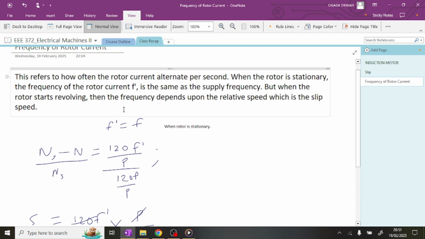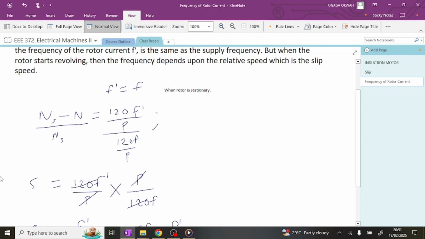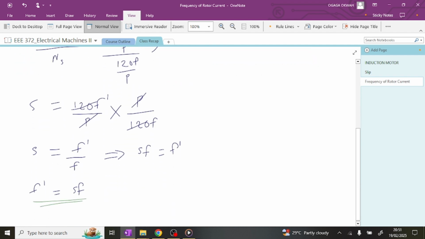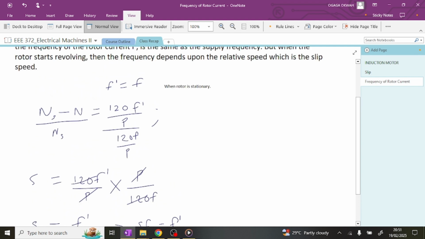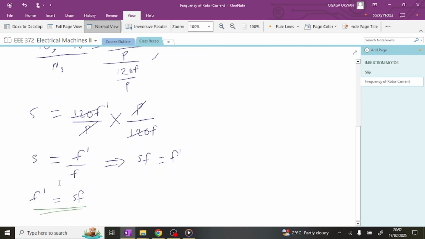So what we talked about in this video is what happens when the rotor is stationary, and how, by calculation, when it is revolving, the frequency of rotor current equals the slip times the supply frequency. We are going to need this formula later on.